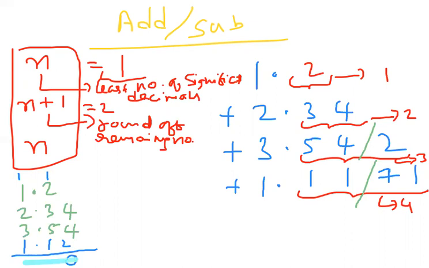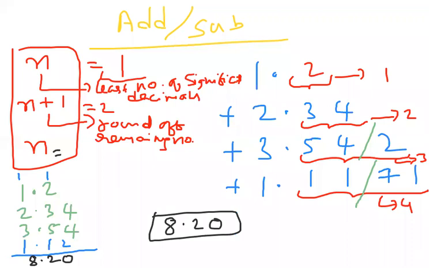I'm writing the answer here. What answer I got? I got answer 8.20. So now the rule is, again, this answer I got 8.20, we are happy. But the answer must contain n equal to, I wrote 1.